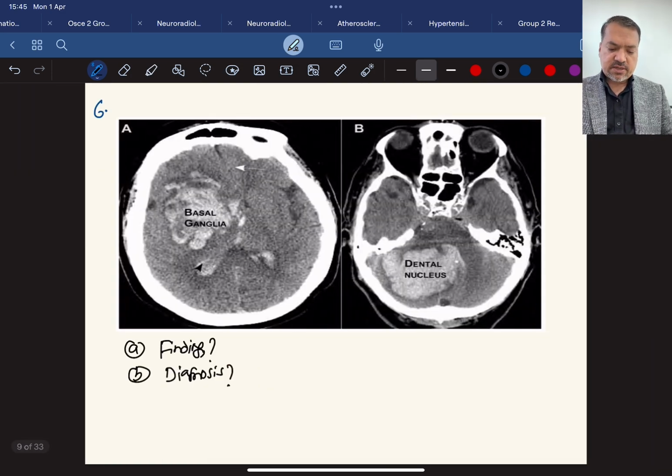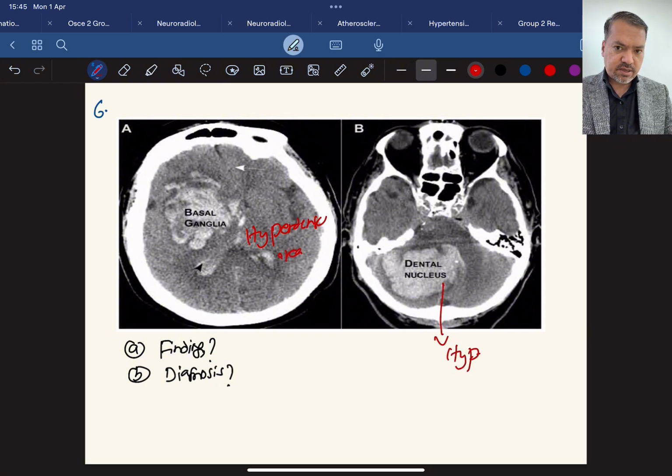Number 6. So this is another CT scan. It is showing a hyperdense area in the basal ganglia. This is a hyperdense area, and this is another hyperdense area. Fine.